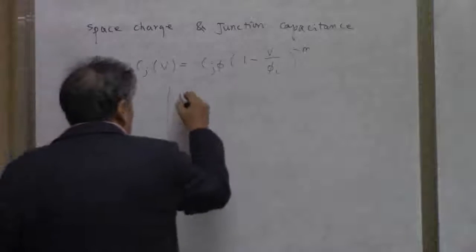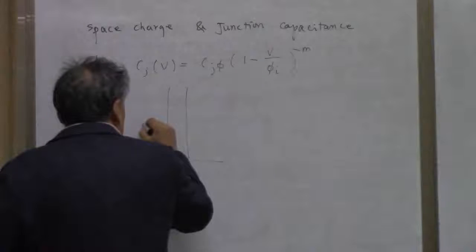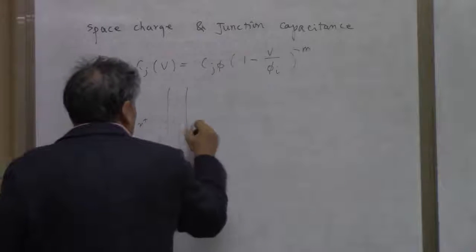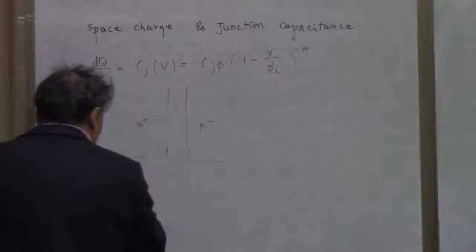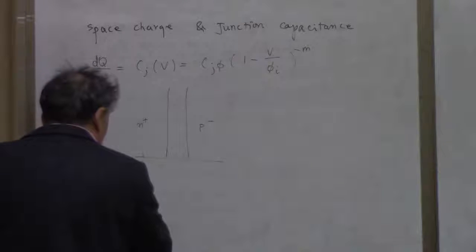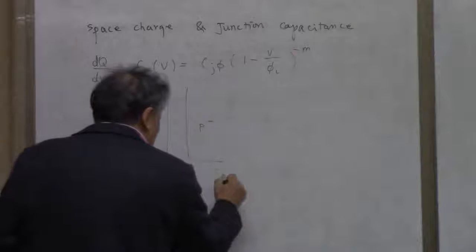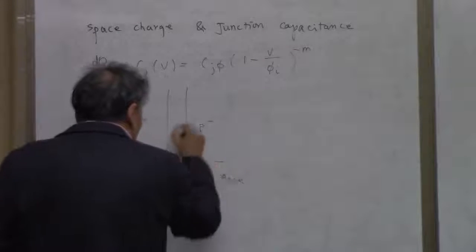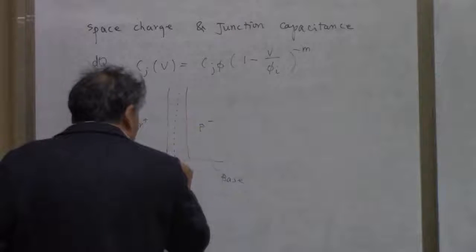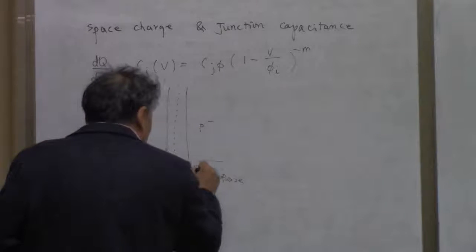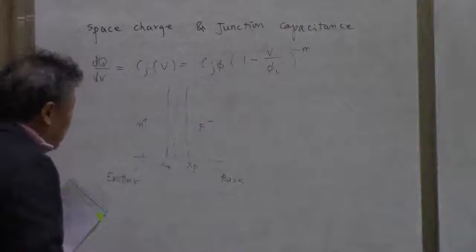And then in this space charge region, let's say we have N plus and P minus, emitter and base. And we certainly have Xn and Xp, the space charge region here.